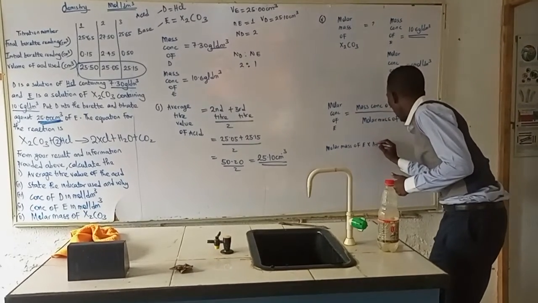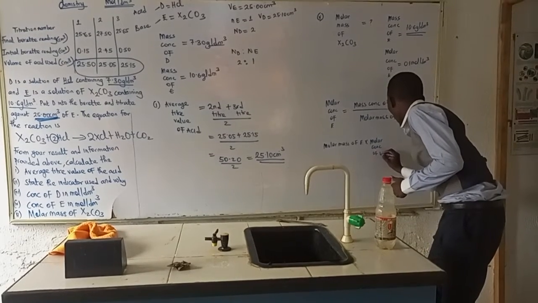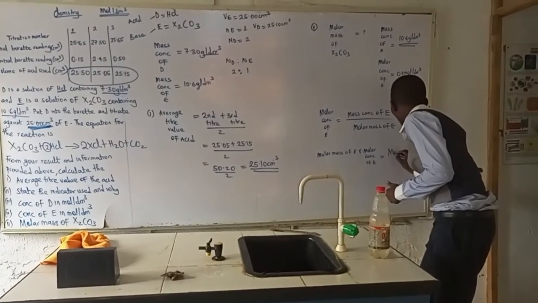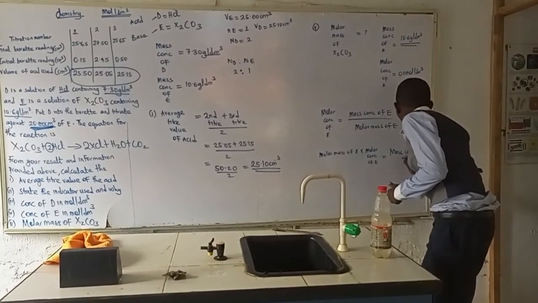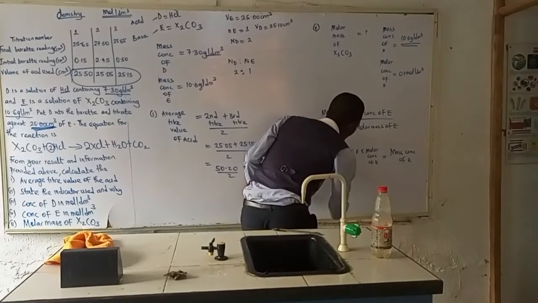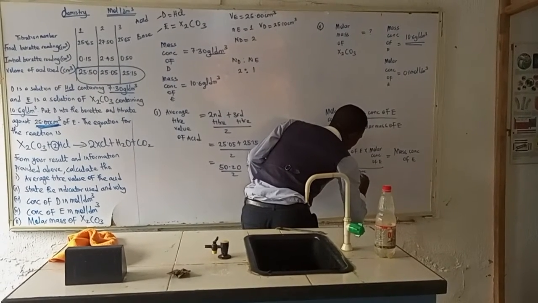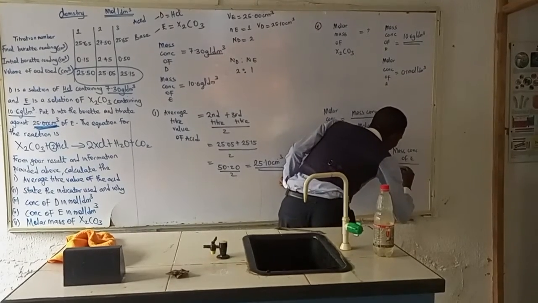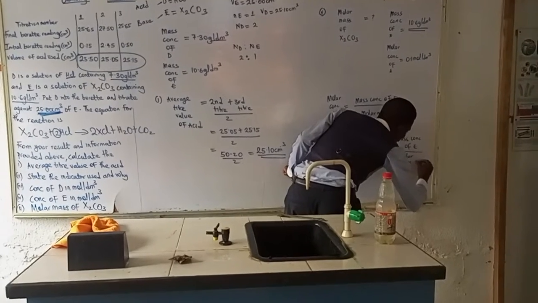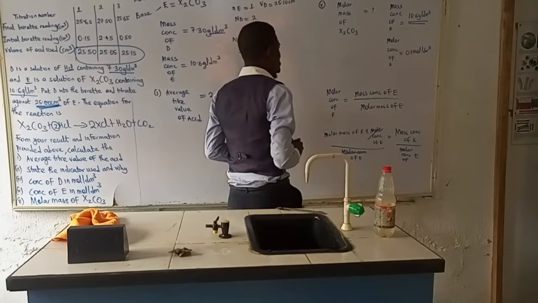That means molar mass of E times molar concentration of E equals mass concentration of E. Now, I will divide both sides by molar concentration of E. Molar concentration will cancel molar concentration automatically.